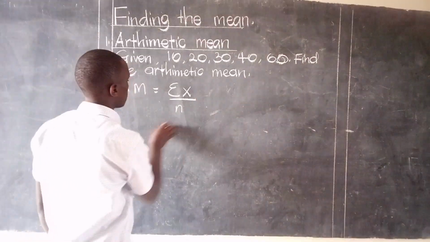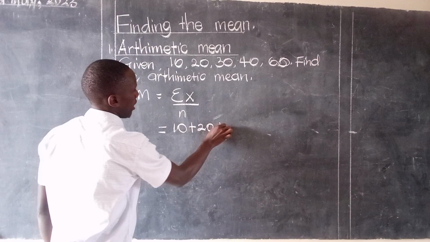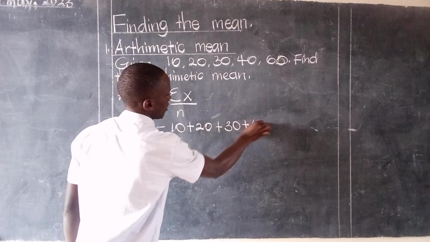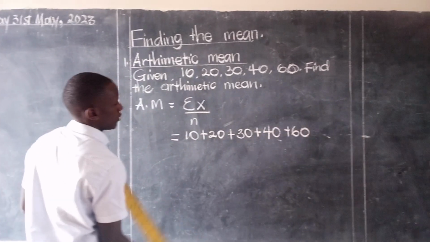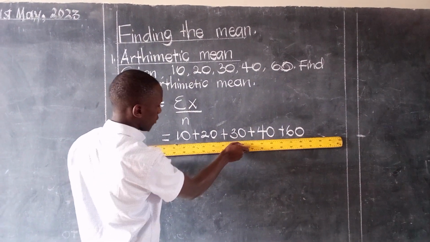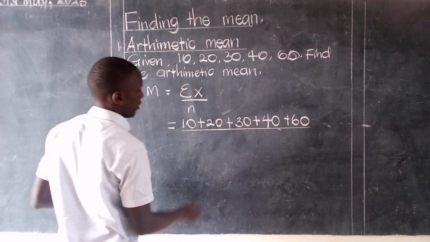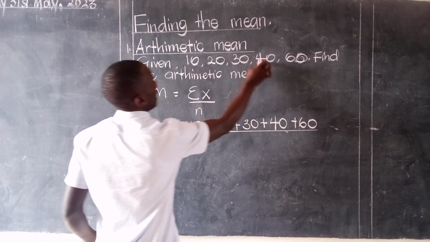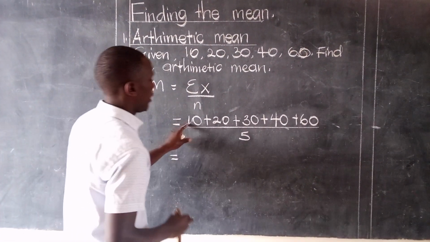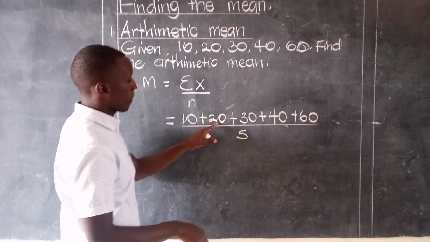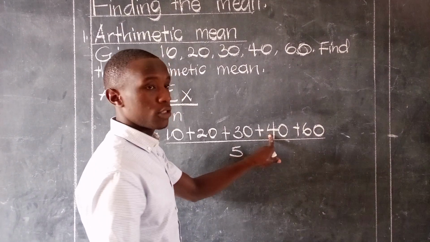So it will equal 10 plus 20 plus 30 plus 40 and then plus 60. Here we shall divide by the number of frequency, which is 1, 2, 3, 4, 5, which is 5. 10 plus 20 is 30. 30 plus 30 is 60. 60 plus 40 is 100.